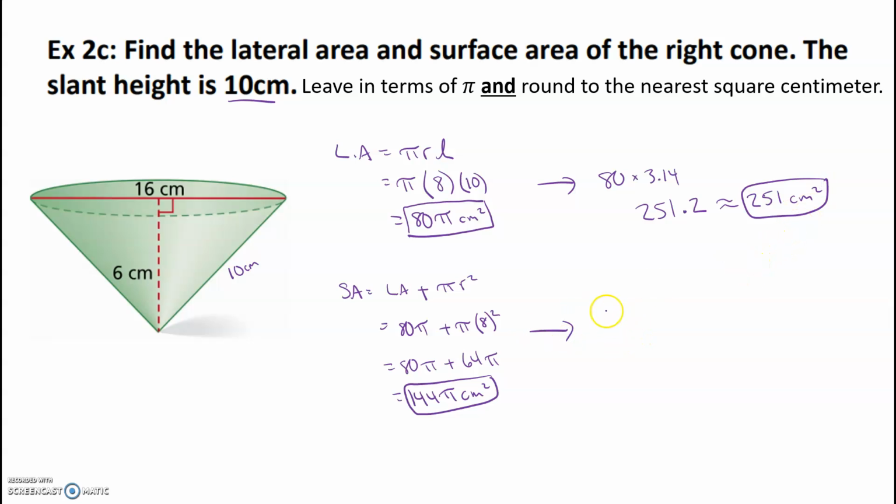All right, down here, 144 times pi. We type it in our calculator, 144 times 3.14, and we get 452.16. And again, to the nearest square centimeter would be 452 centimeters squared. So here's lateral area exact, leave in terms of pi, and round it to the nearest square centimeter. And here's surface area exact and rounded. Okay.